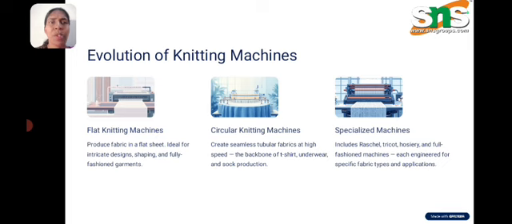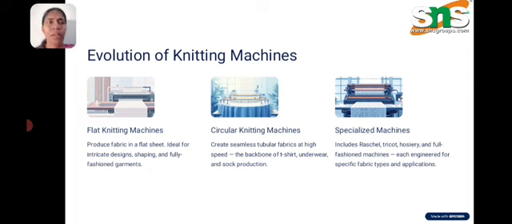Evolution of knitting machines. A knitting machine has three major categories: flat knitting machines, second one is circular knitting machines, third one is specialized machines. First we are going to see about flat knitting machines. Flat knitting machines produce fabric in a flat sheet, ideal for intricate designs, shaping and fully fashioned garments.